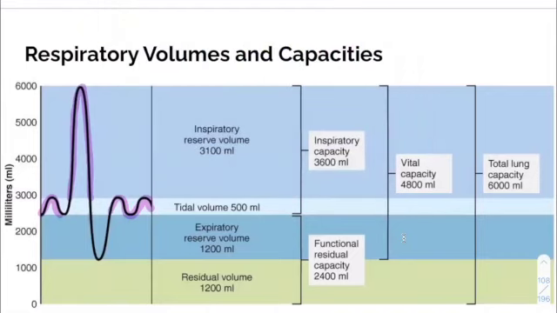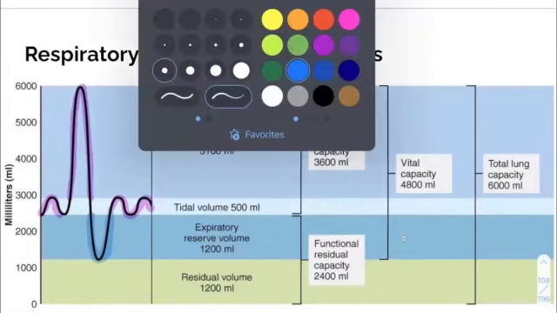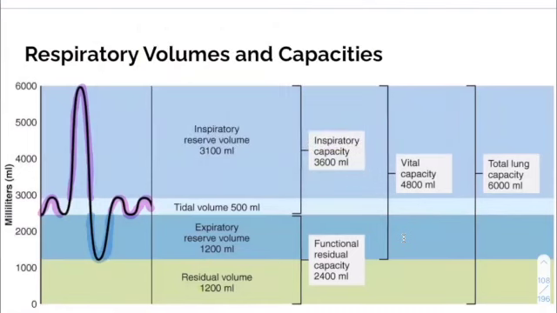Our expiratory reserve volume down here, how much can we forcefully exhale beyond the normal passive breathing? We're always still going to have some residual volume. We're always going to have something still left in our lungs. No matter how hard you try to forcefully exhale, there's always going to be something left.